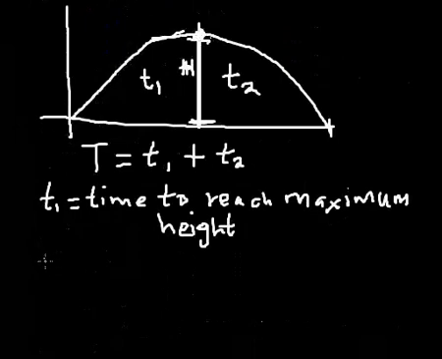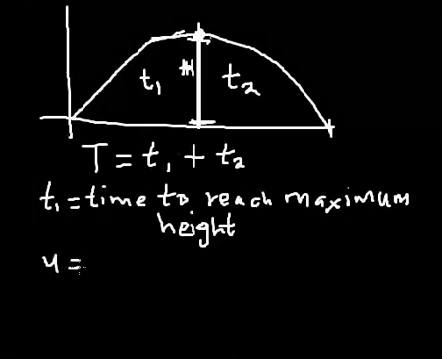So I will have to consider my u, the vertical component, because I'm considering the time to reach the maximum height. If I want to find the time to reach the maximum height, the u I'm going to consider is the vertical component of u.